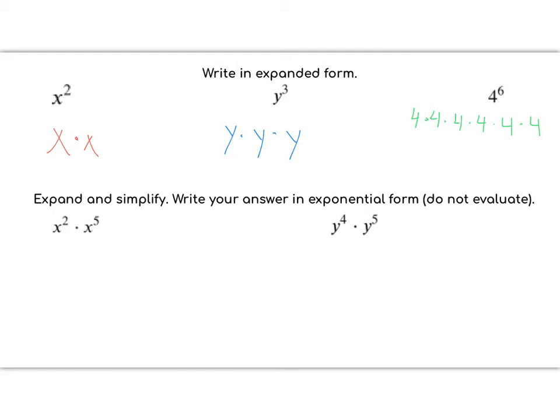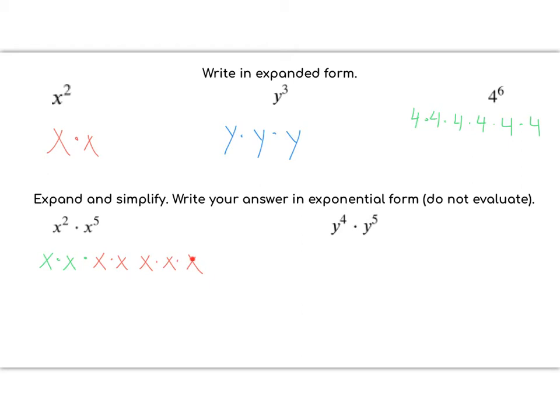When we see x squared times x to the 5th, well, x squared is x times x, right? And x to the 5th is x times x times x times x times x. So I've got x times itself 5 times. So I've got x squared times x to the 5th, and what I notice is that I'm writing x times itself a bunch of times.